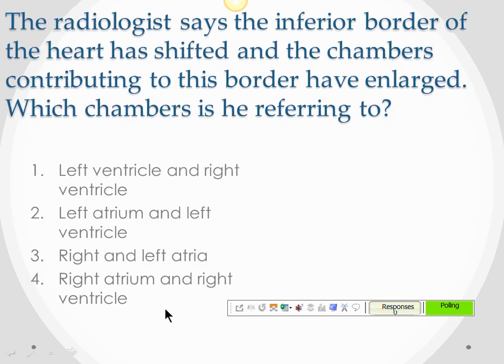Now, let's say the radiologist tells you that the inferior border of the heart has shifted and the chambers which contribute to this border have enlarged. So, which chambers is he referring to? So, in other words, which chambers form the inferior border of the heart?